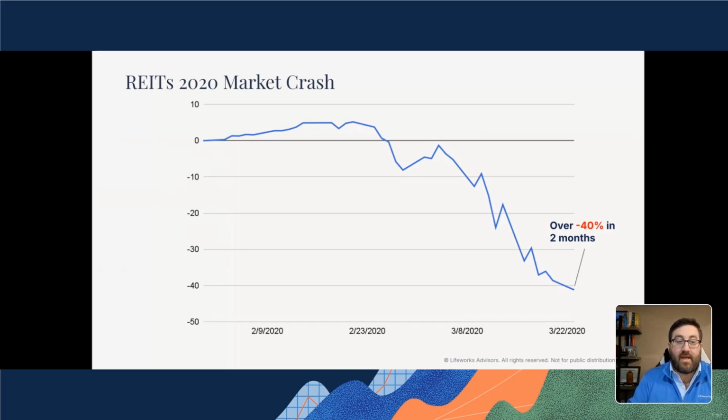There are real risks, especially short-term volatility, in investing in REITs, especially considering some of these warning signs we've been talking about, where you could have quick and sustained reactions in the markets.